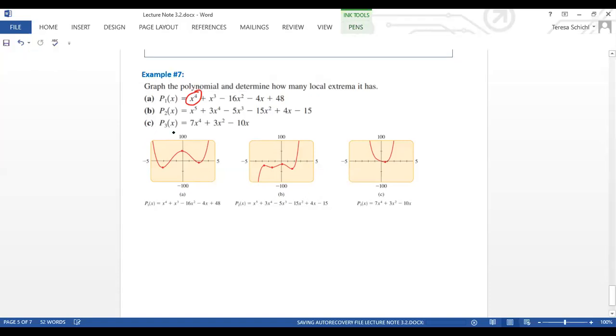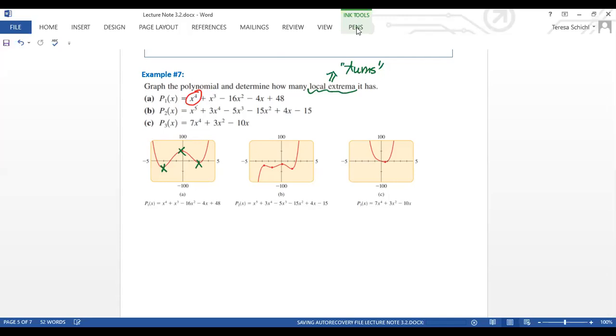Let's see where: 1, 2, 3. Local extrema are also the places where the graph makes turns. For this one it matches: I have 2 local minima and 1 local maximum, because it's x to the 4th.